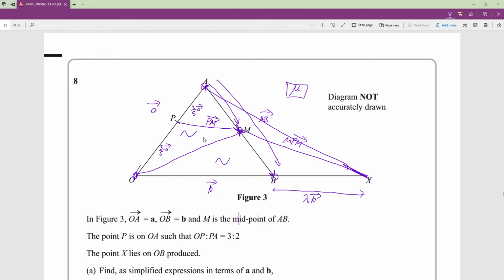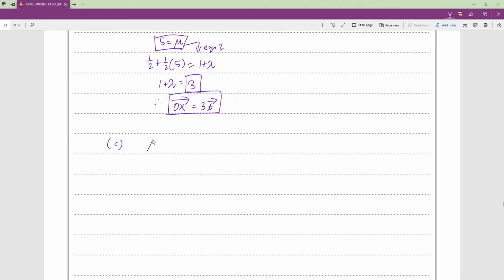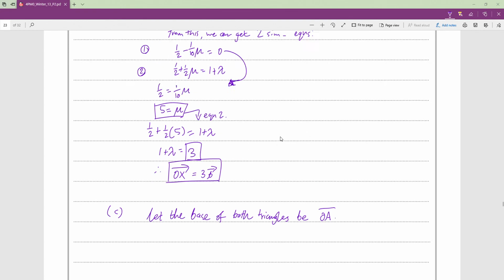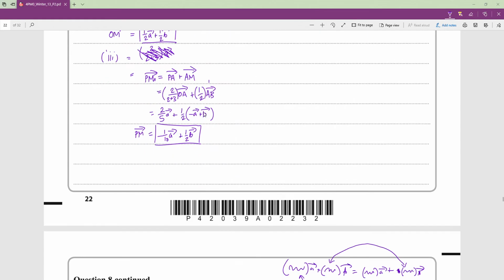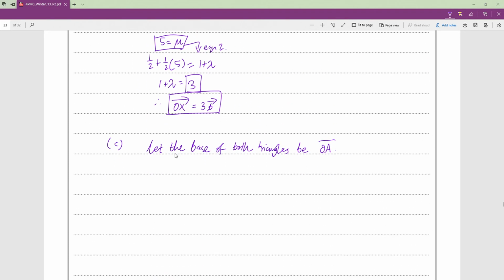Okay, so let the base of both triangles be OA. That's the first step. And let the height of both of these triangles be the altitude from M and the altitude from X respectively to OA.